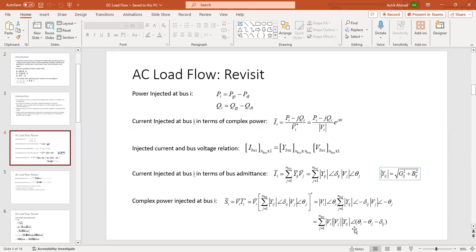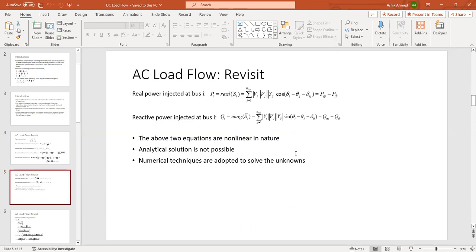So this whole expression can be written as some real part plus j times the corresponding imaginary part. The real part of this complex power gives us the real power expression, whereas the imaginary part leads us to the reactive power expression. So ultimately, we get these two expressions.